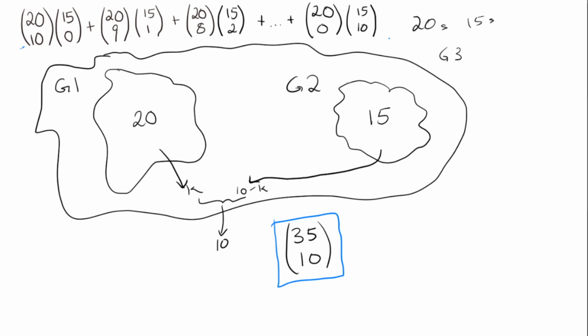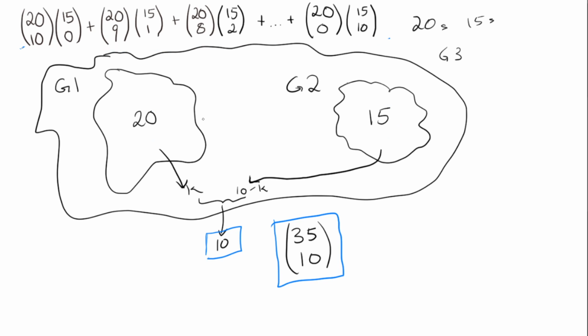And so that's pretty much it. Right? So we're done. Not quite. We have to make sure that when we're doing 35 choose 10, all of the ways that we are counting these 10 people are included from just taking from this group and this group.